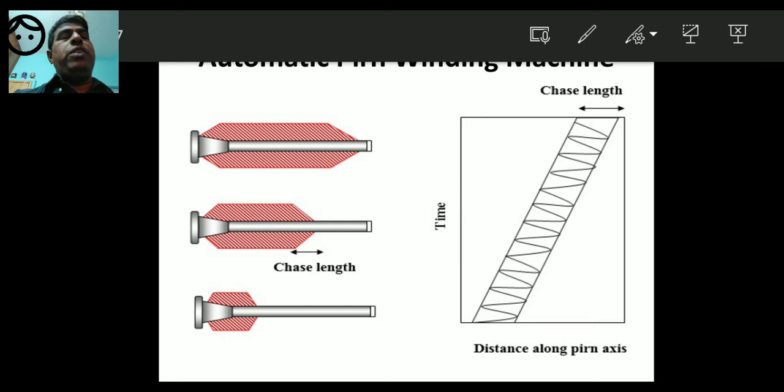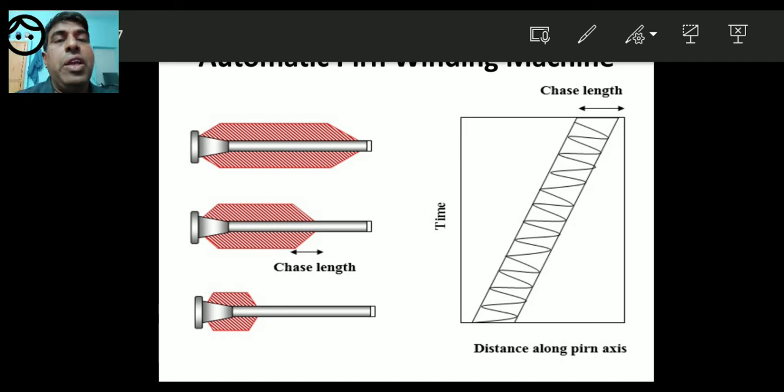If you see the first diagram, that much is the chase length. The chase length is the length shown by the two arrows. Chase length here means the traversing length across the bobbin.